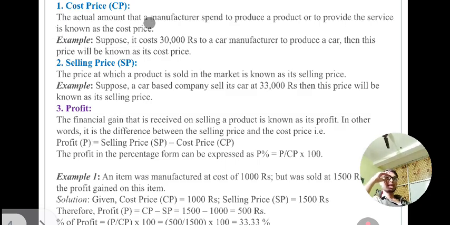So cost price can be represented as CP and selling price as SP.